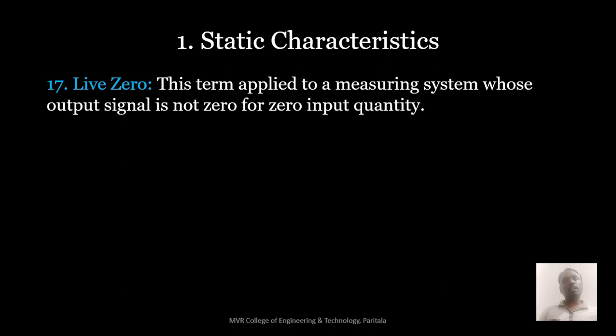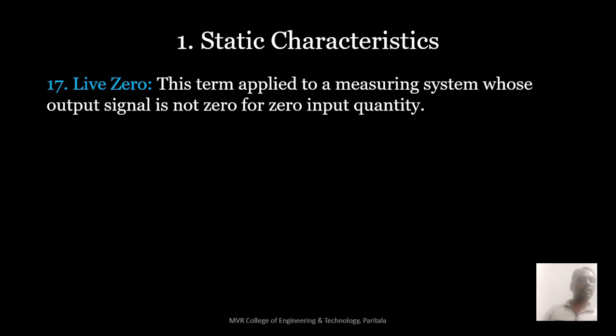It might be below 0. There will be a knob there that can hold the indicator under 0, so it will not be 0. The term applied to a measuring system whose output signal is not 0 for zero input quantity is called live zero. It responds only for a certain input, and thereafter it shows from 0.